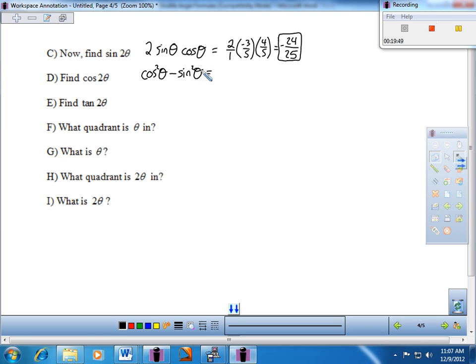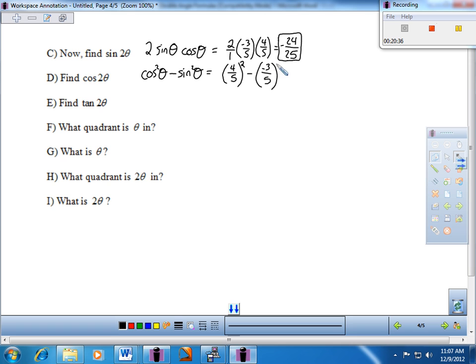So let's try it. It's basically, remember what cosine squared of theta means. Be very careful on that. It's not theta squared. It's the ratio squared. It's cosine of theta squared. So we all know, based on what we found, that cosine of theta is 4/5. So that's the ratio, and that's what we're going to square. So it's 4/5 squared. And then minus, and then we're going to do the same thing here, everybody.